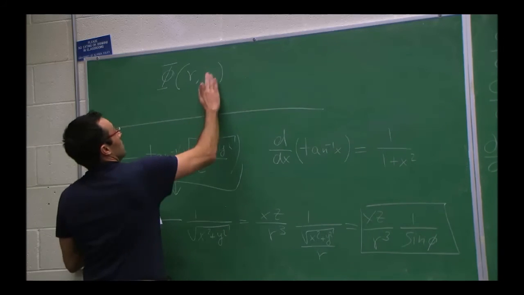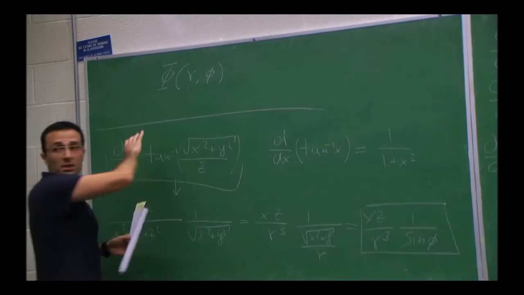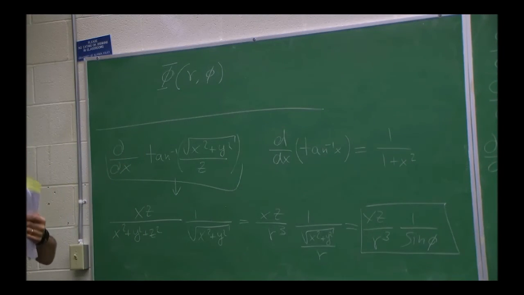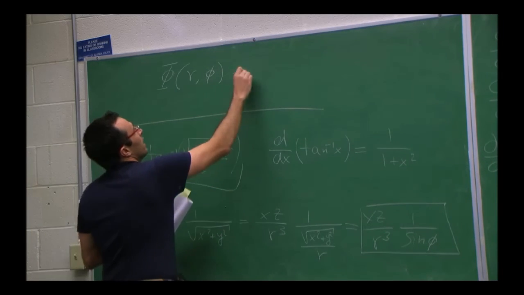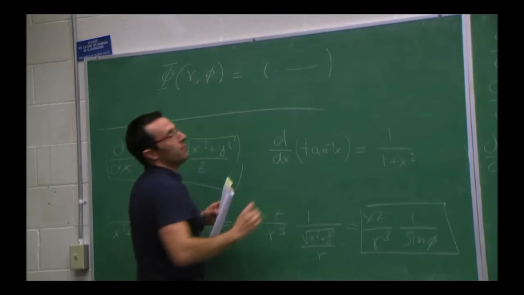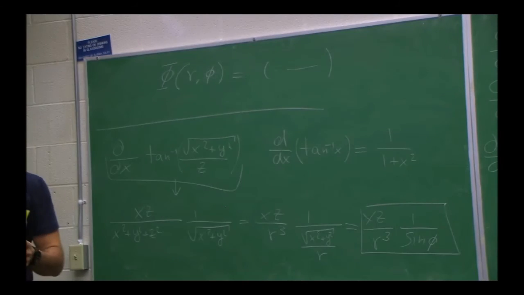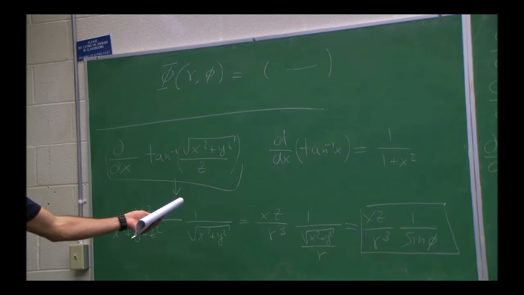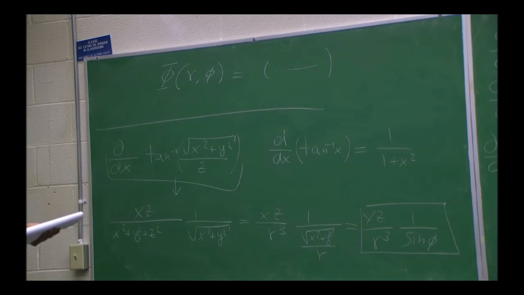I'm sorry, not theta, this is phi. We agree on that because of symmetry. Take an ellipsoid, the z-axis is the symmetry axis, the theta doesn't matter. And now I gave you some formula that we believe that that is the potential. And now I'm taking its partials with respect to x, the x direction, the y I'm not going to do it, the z I'm not going to do it, just showing how to do that.